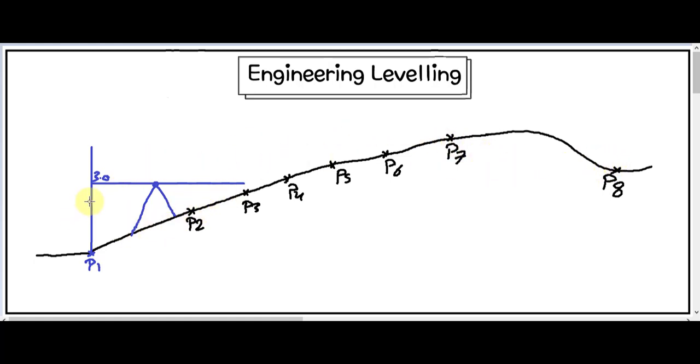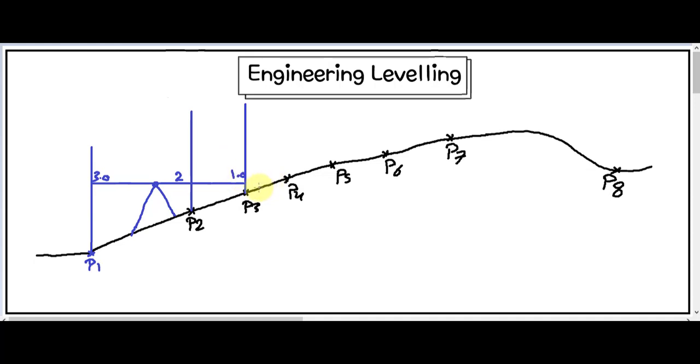So we will move the staff from point 1 and put it on point 2. And the intersection between the horizontal surface and the staff, we call it reading. Say the reading here was 2 meters. Then we move the staff to the next point, which is called point 3, and the reading was 1 meter.